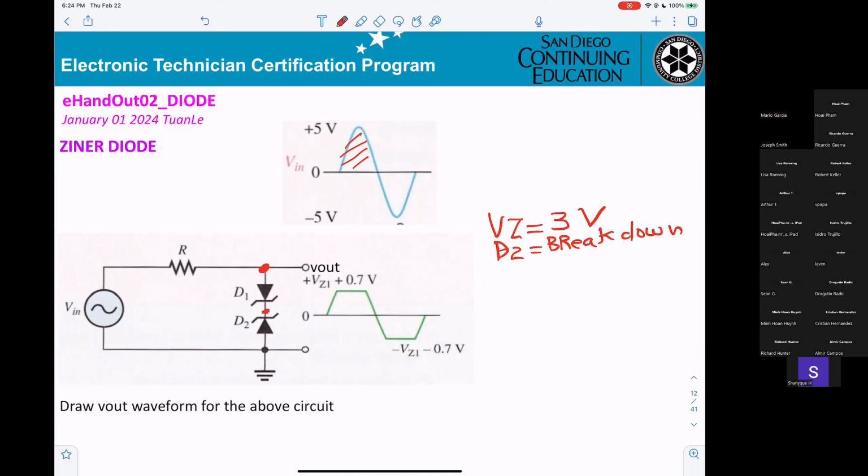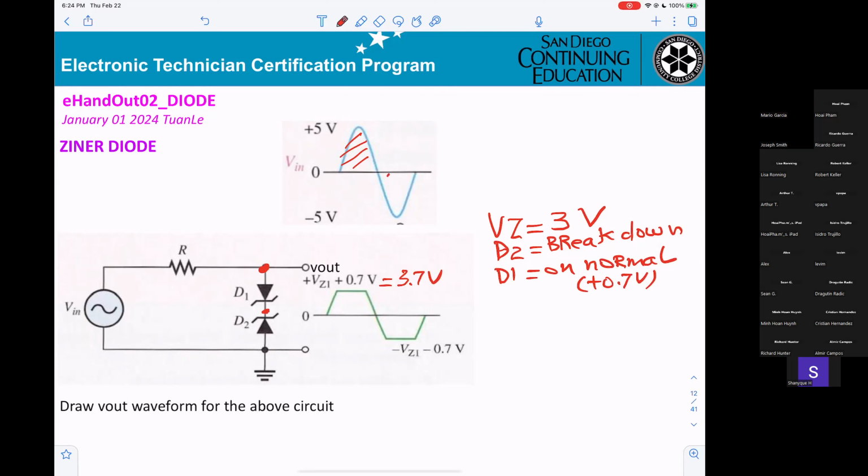And D1 on normal. Okay, on normal means 0.7. So that's why they said VZ1 plus 0.7. If I say VZ 3 volt, then here you get 3.7. Okay?